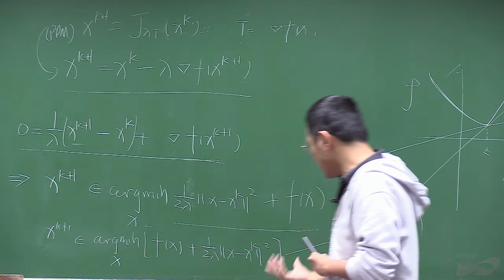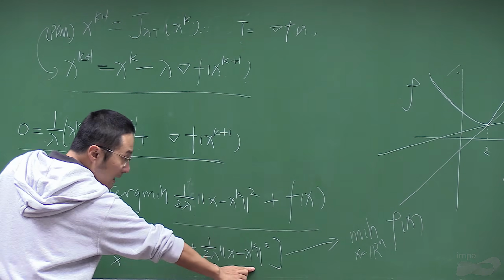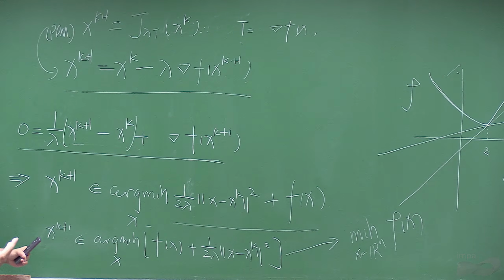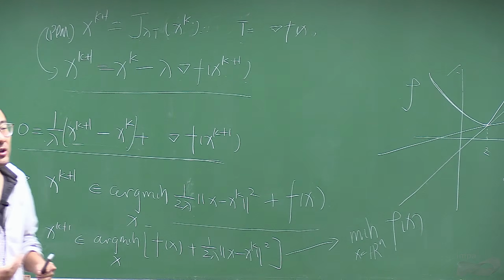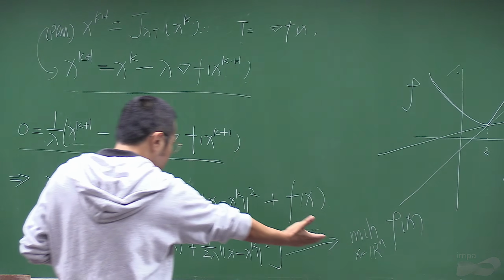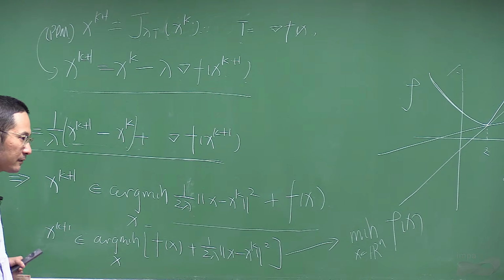The good thing is we have a regularization term here, so sometimes it makes the subproblem not ill conditioned. It becomes better than the original problem. But minimizing this problem is sometimes still very difficult.